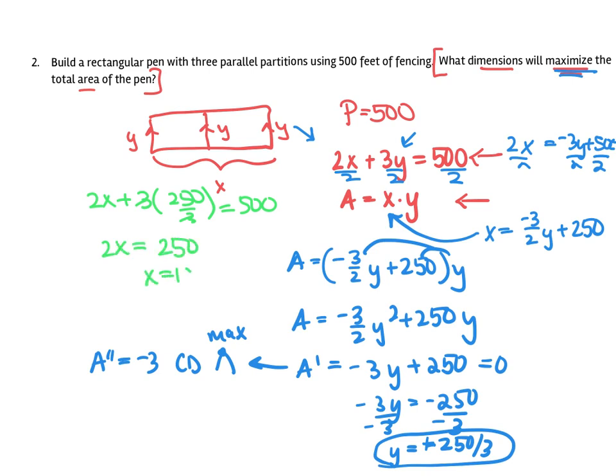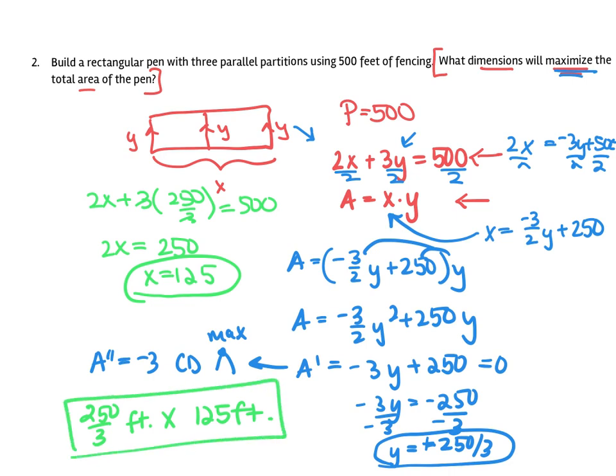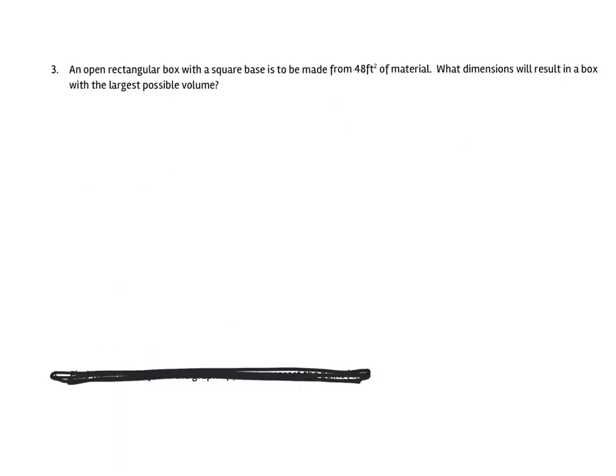So I get x is equal to 125. So there is my x value. There is my y value. I am going to make sure I put units on this. So it's 250 over 3 by 125, and this is in terms of feet. There's my answer right there. It says what are the dimensions, and I did find the dimensions, so I am done.